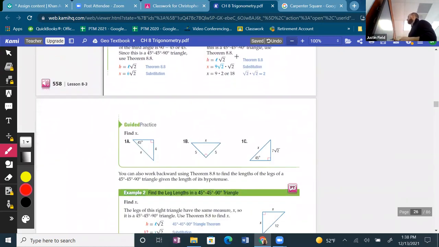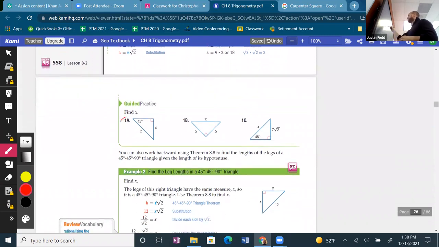Okay, and so then, look at this triangle right here. We don't know but one side, but because it's a special right triangle, we know all sides. So the formula for 45, 45, 90, I know I just raced through that, but it's the 2 legs are the same. It's isosceles, and the hypotenuse is that number times the square root of 2. So in this one, I've been given the leg of 4.